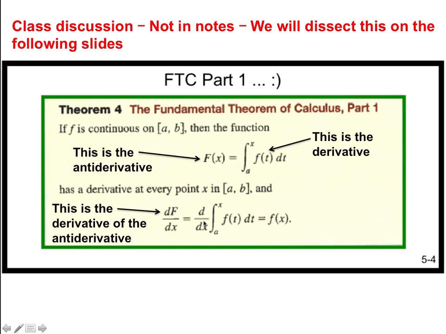we're differentiating it. And those two processes are reversals of one another. So if we start with something, we integrate it, and then we take the derivative, we end up with what we started with. And this is where the variable change comes in. If you notice, one of these bounds is just a generic location, not a numeric. Like a is a number, but x is not. x is some arbitrary location.